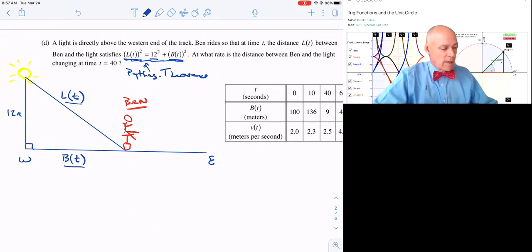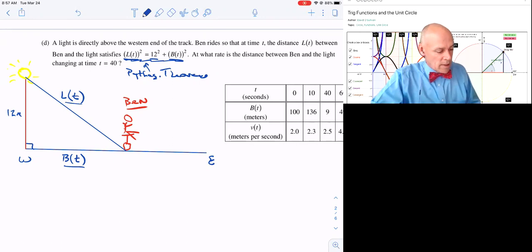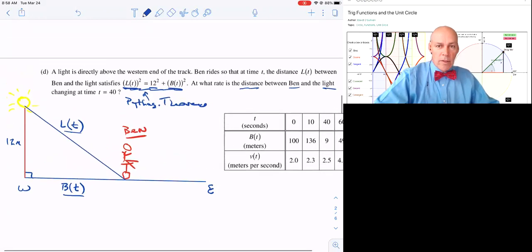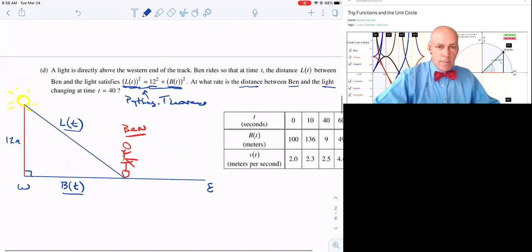Now I'm asked to find at what rate is the distance between Ben and the light changing at time 40. Okay, so again, related rates problem. We want to do a few things. We want to read the problem, then we want to convert the words into calculus speak.